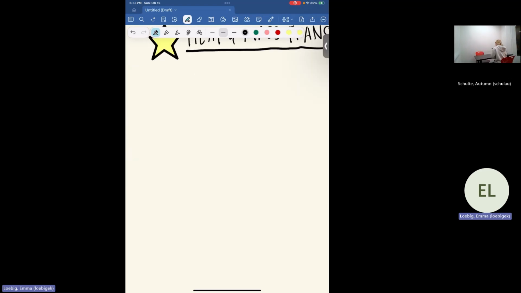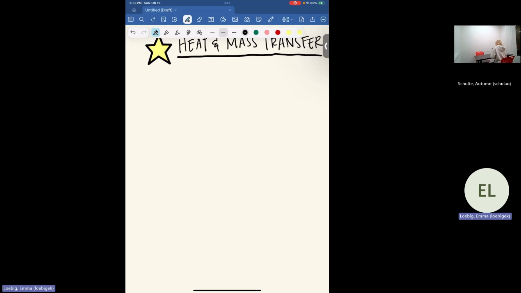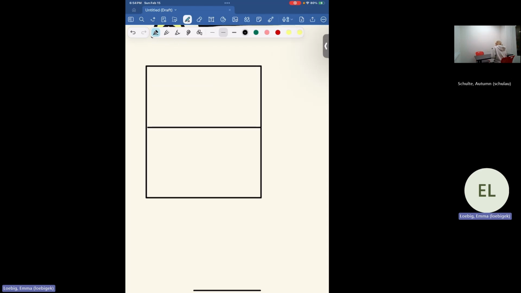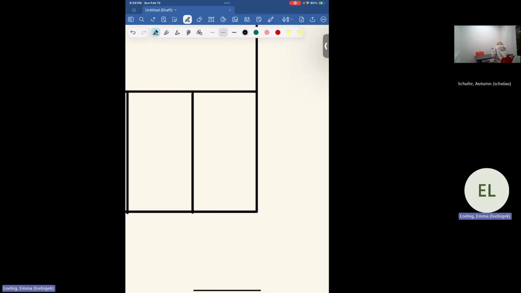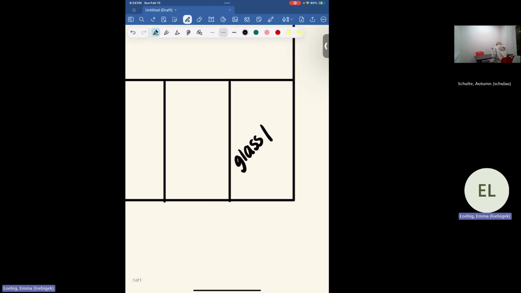Okay, now for this example, I want to talk about when we have both series and parallel together in the same example. So let's imagine we have this house that has double pane windows followed by a wall. For the double pane windows, we're going to have our first glass pane, which we'll denote as glass 1.